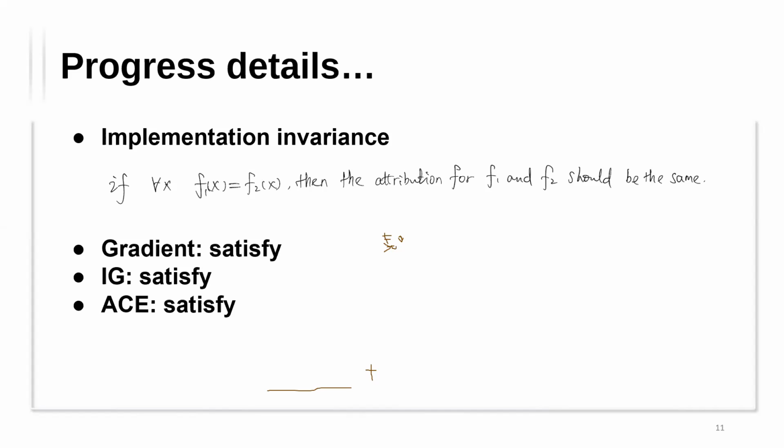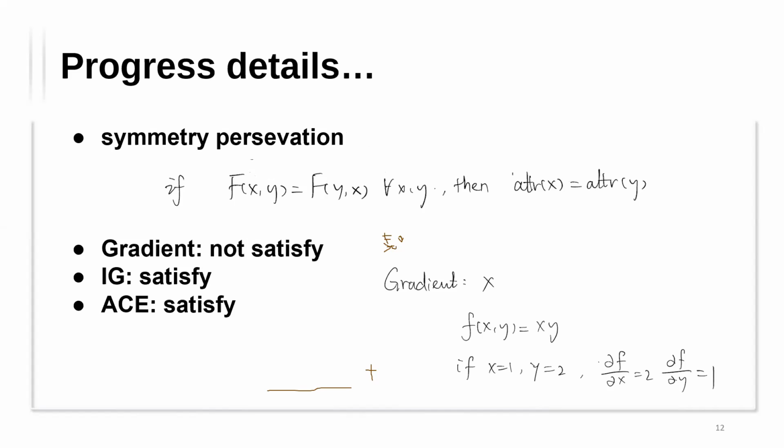Okay. So the fourth property is called symmetry preservation. That means for a function, if f(x,y) is equal to f(y,x) for any x, y, then the attribution for x and y should be the same. So for gradient, it's very easy to confirm this property with a simple example.